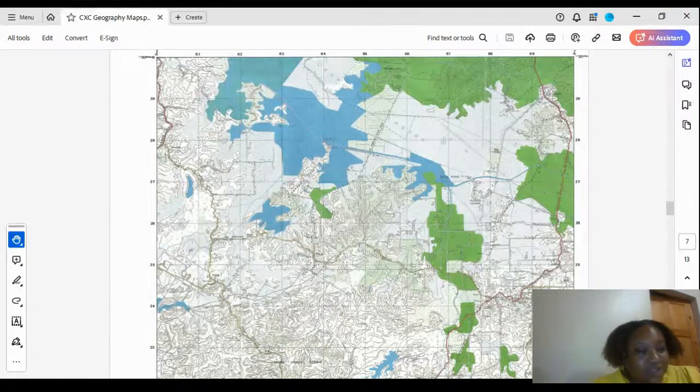And then they ask you to state 4 characteristics of the drainage. So they wanted you to look at this map. You're not really seeing a clear drainage pattern on the map, but I would say that it is dendritic.